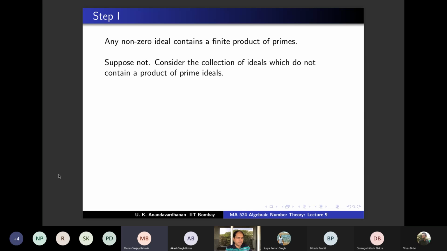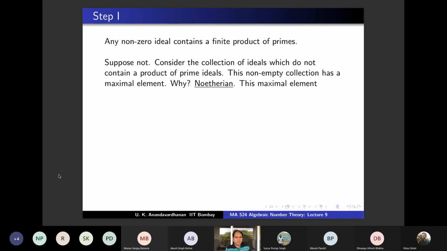Exactly. And then the maximal element should be prime, I think. Correct. So Noetherianness, which is due to Zorn's lemma. You are right. So this collection is non-empty because of suppose not, and this has a maximal element because you are in a Noetherian ring, right? By Zorn's lemma. So why? Because of Noetherianness. So Noetherianness is the first time we are using it.